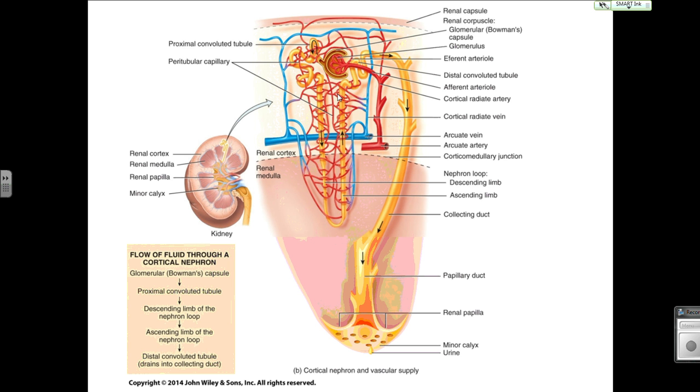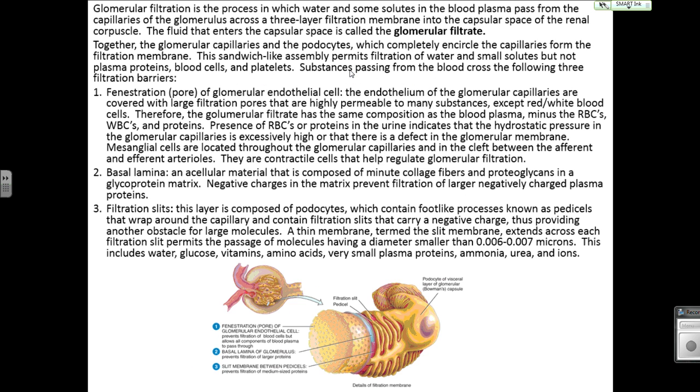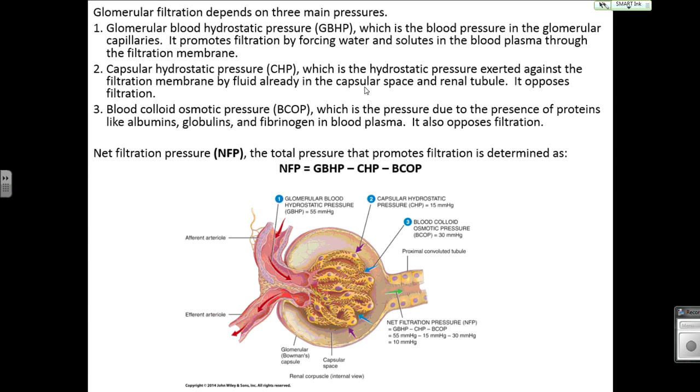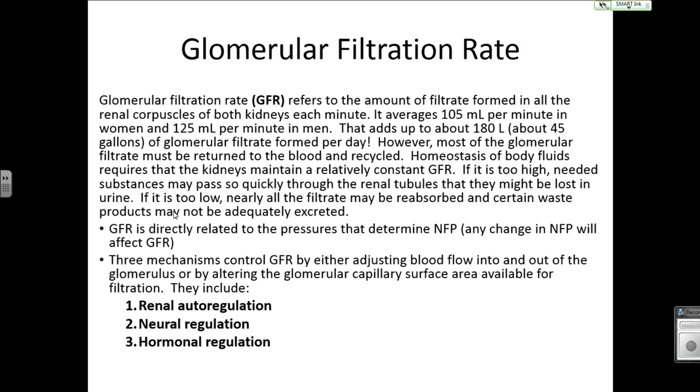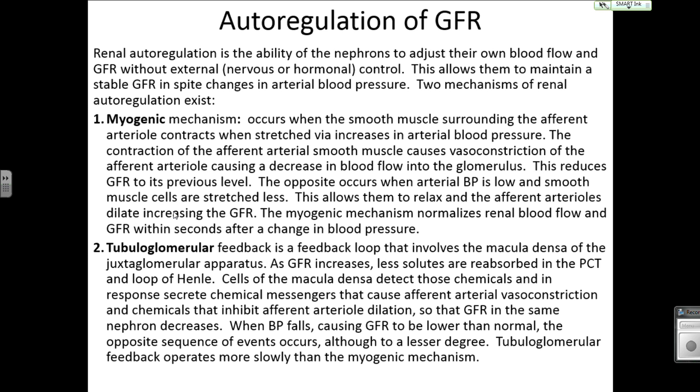And so to slow things down, we can cause this blood vessel, where it all began, to decrease its flow. So we shut down blood flow into the glomerulus, therefore decreasing GFR. Therefore, we are able to slow things down altogether and not lose vital things. Okay.